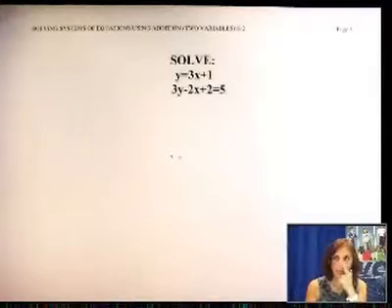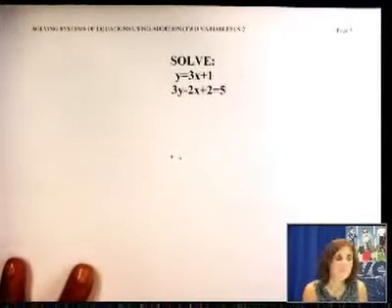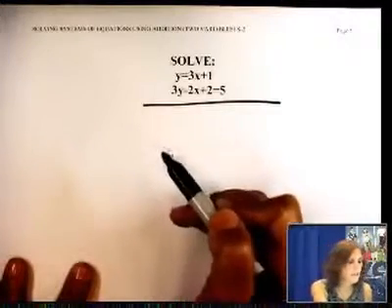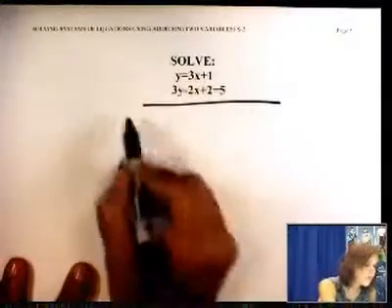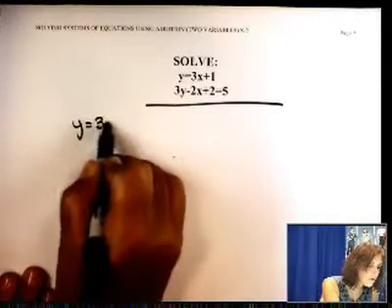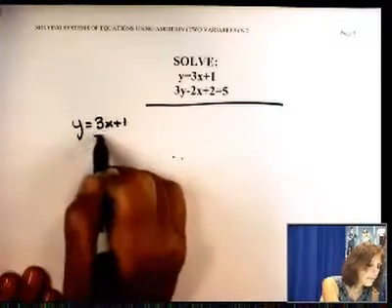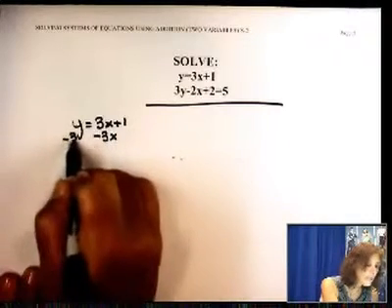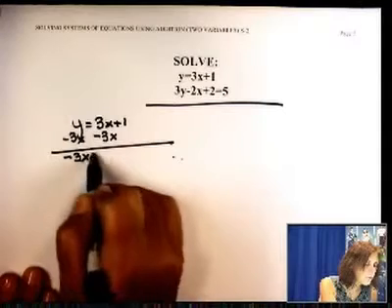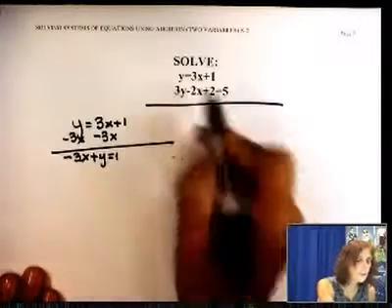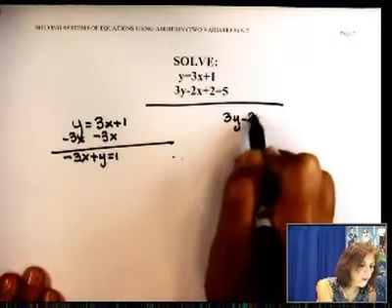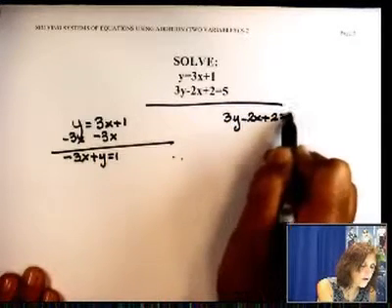So let's do an example where I have a genuine situation of one answer. So let's do the first one. I will rewrite here so you can see the steps. y equals 3x plus 1. I'm going to subtract 3x from both sides. You have negative 3x plus y equals 1. That's the first equation. I'll do the other one. 3y minus 2x plus 2 equals 5.